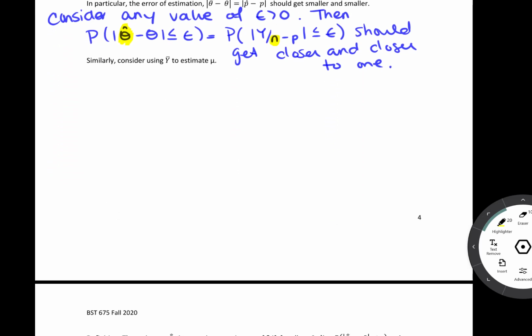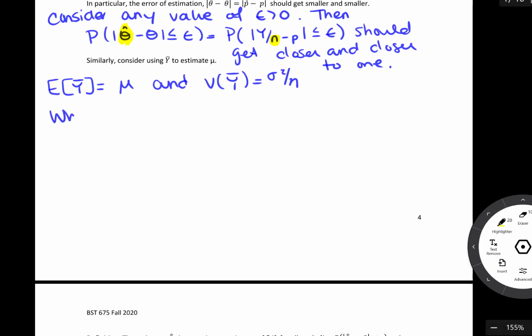So let's look at using y bar to estimate mu. Remember that the expected value of y bar is equal to mu, and the variance of y bar is equal to sigma squared over n.